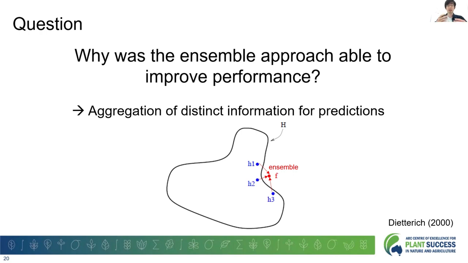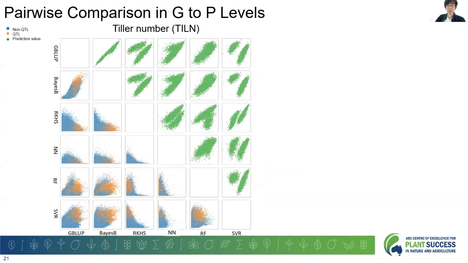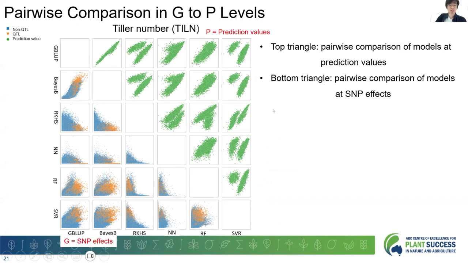This is the hypothetical explanation for the ensemble approach, but now we have to test whether this explanation is true or not by using the results from the data set. To do this, we generated a pairwise comparison between the single prediction models by developing a scatter matrix here. This matrix has two different main parts. The first one is the top triangle part with the green color representing prediction values. This one represents the pairwise comparison between each of the single models at the level of the prediction values.